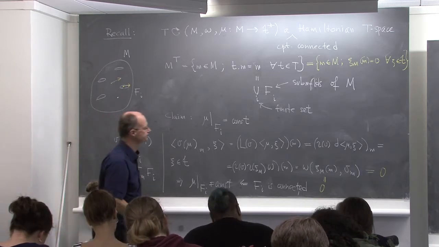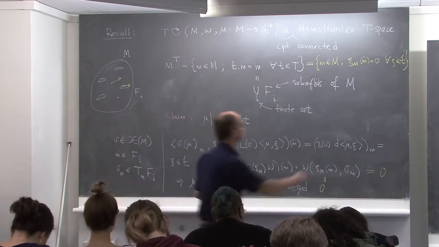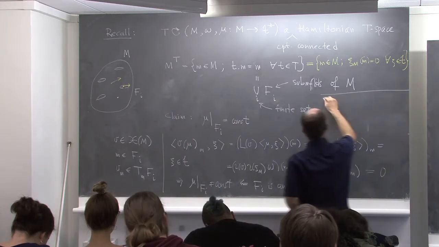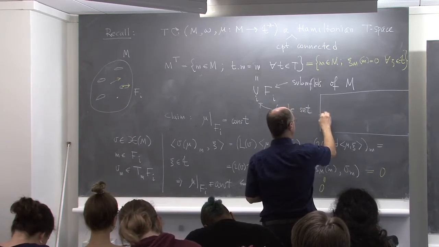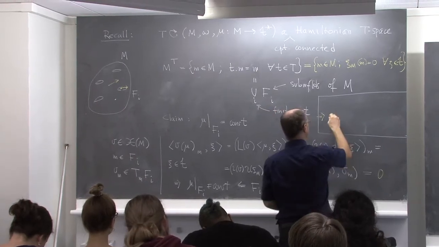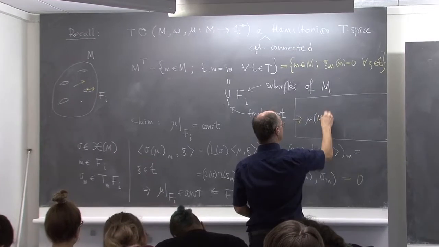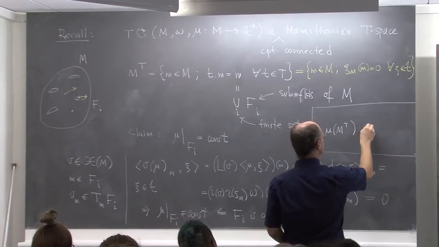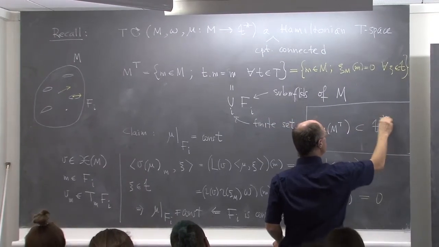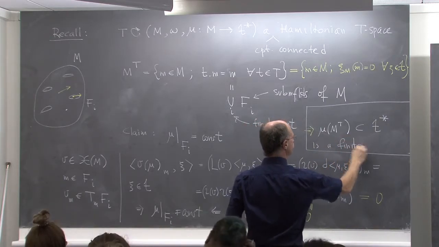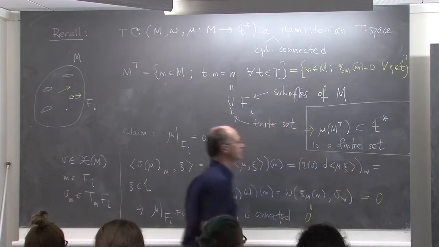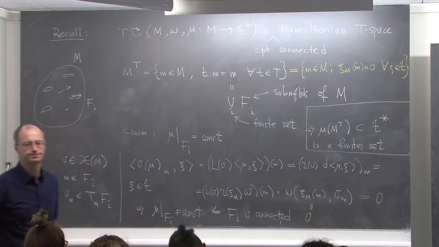Right. So in particular, this whole story implies that mu of M^T inside t star is a finite set, right?